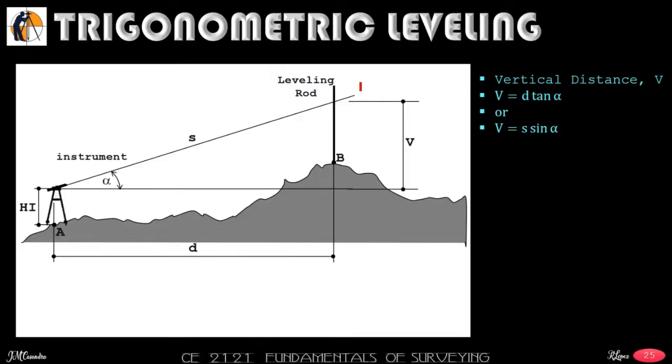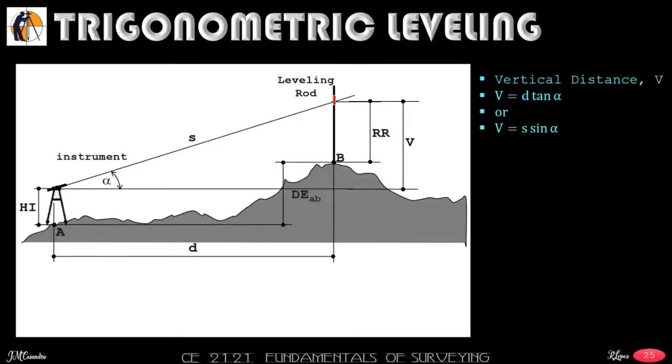We will also be able to get your height of instrument, which is measured from the center of the scope to your point A. And then we will have your rod reading, which is the measurement from point B to the line of sight of the rod.